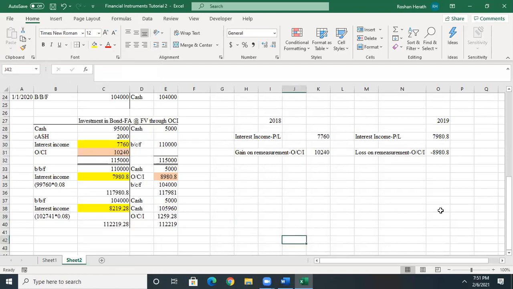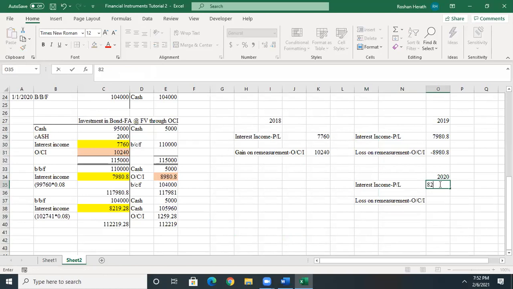So in the final year, if you take this 2020, again you have these two components: the interest income 8,219.28 and the loss on remeasurement 1,259.28.